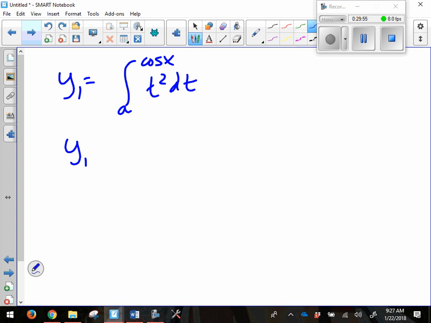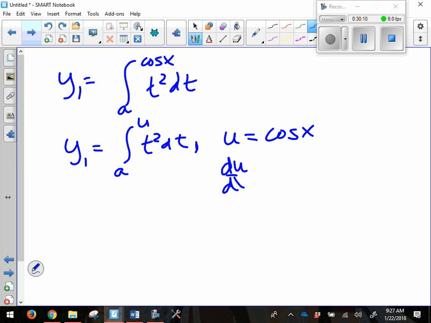So I'm going to rewrite y1 as the integral from a to u of t squared dt, and then u is going to be equal to what? Cosine x. And then du/dx is going to be equal to what? I'm going to take the derivative of the cosine.